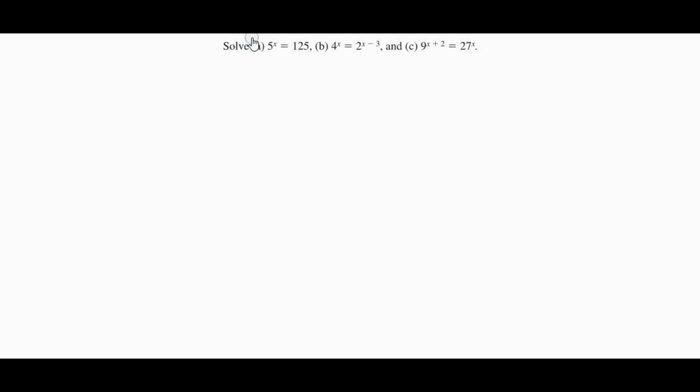So here we are in some other examples, and these are a little bit more complicated, because if you'll notice, let's look at A for starters. A says 5 to the x equals 125. So my question to you is, do we have the same base? And I would hope that you would say, well, no, the base on the one is 5, and the base on the other is 125.